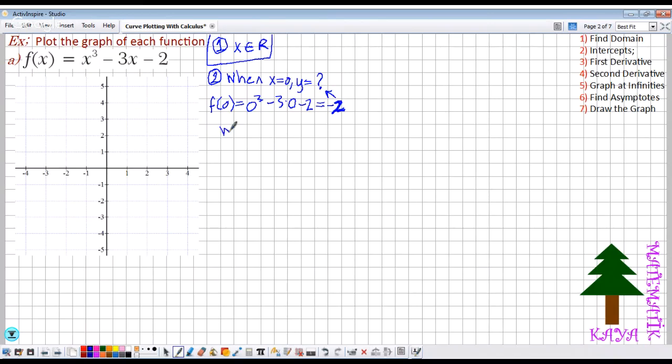Then the next thing, what about when y is equal to 0, the x numbers or x number? So now we should set this rule, x cubed minus 3x minus 2, equal to 0 and look for which x numbers give the result 0. So right now we should factorize this expression.